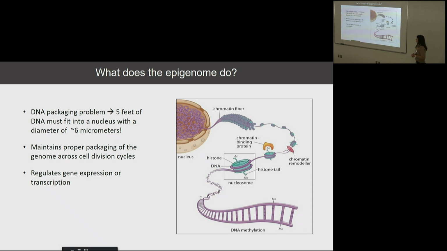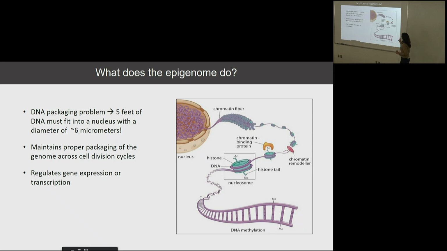It also regulates gene expression, or transcription. When the DNA is in this really tightly compact form, the transcriptional machinery can't come onto the DNA, read it, and create an RNA transcript that can then go out into the cell and get translated into a protein. So the DNA has to be in this open form for it to actually be transcribed and read.